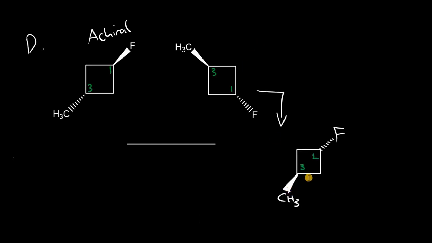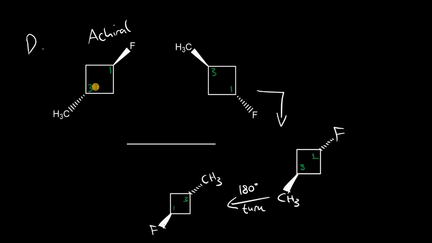So now that I've done that, what I can do is rotate this molecule 180 degrees, a full flip in other words, and I'll use this as my axis. So basically, I'm taking this portion of the molecule and sending it that way, and I'm taking the fluorine and pulling it back this way, so it's a full 180 degree turn.